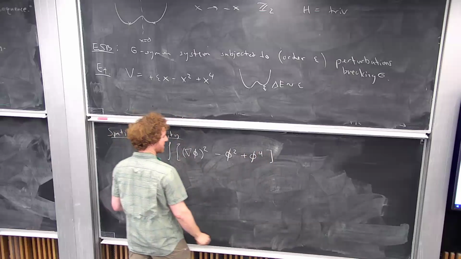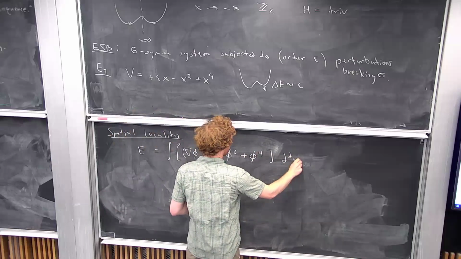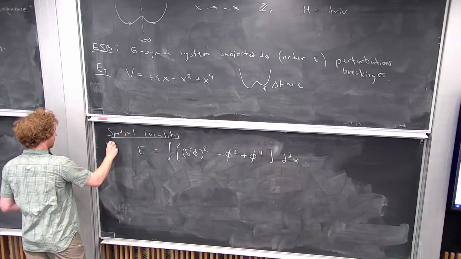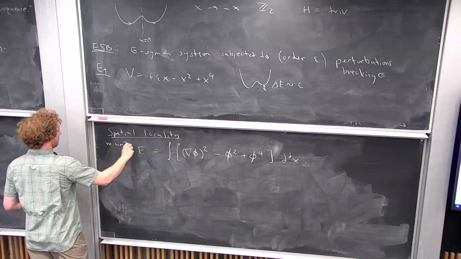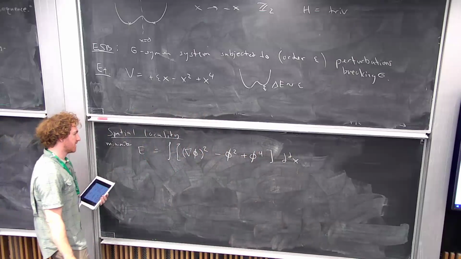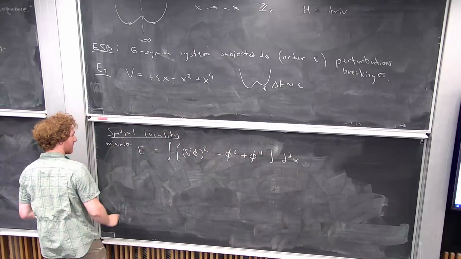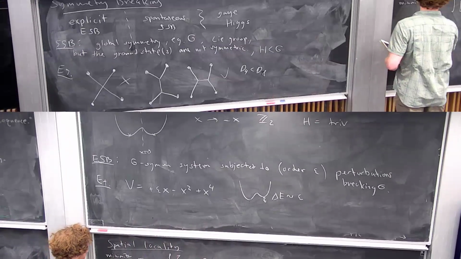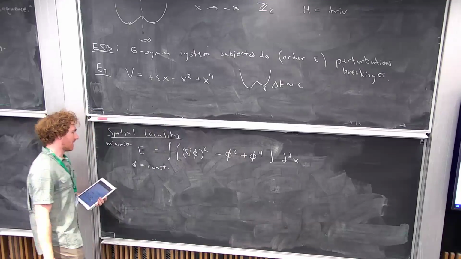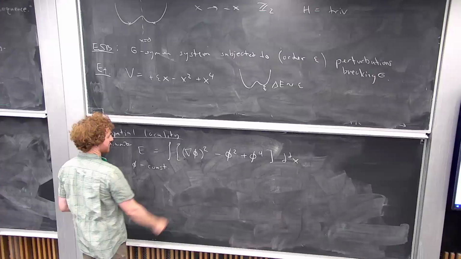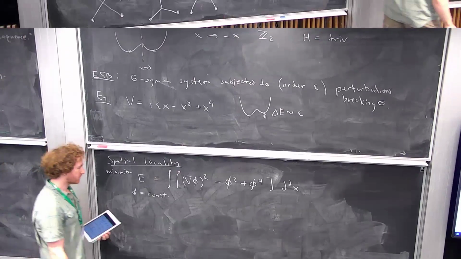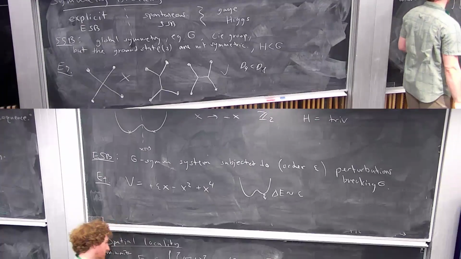We have some energy density that we integrate over d-dimensional space. Well, if we just minimize this, then the minimum will still have phi be constant because this gradient squared term is positive. So phi prefers to be constant and just sit at the minimum.